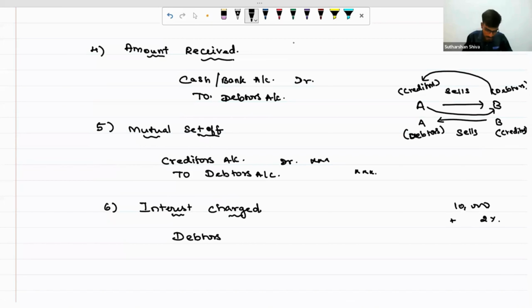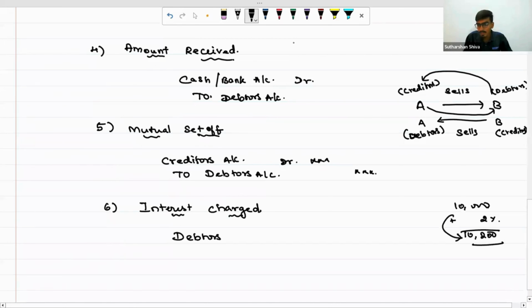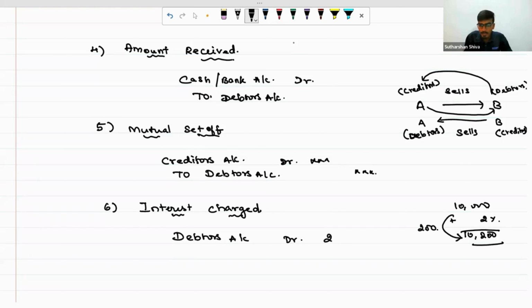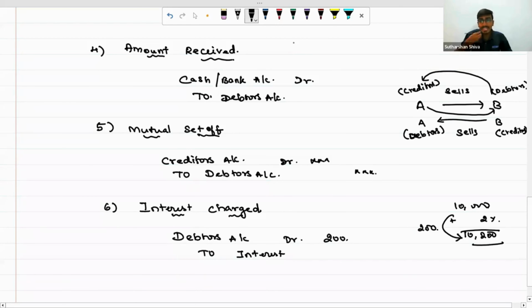On 10,000 they are charging 2% interest means they are simply asking an extra 200 rupees. Correct? My 10,000 will become 10,200. To give this extra 200 rupees adjustment, what do I need to do? I need to debit the debtors amount 200. Second, I need to credit the interest, because the interest which I receive will be treated as income. That will be 200.